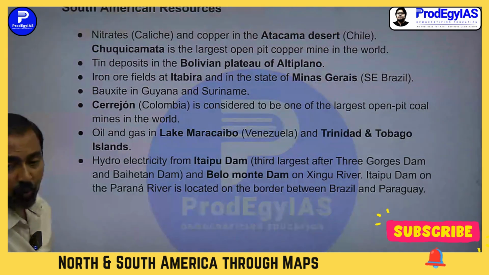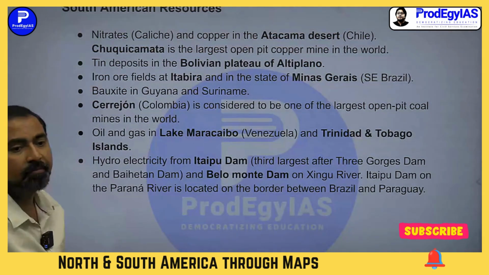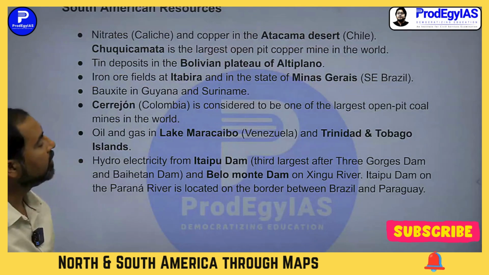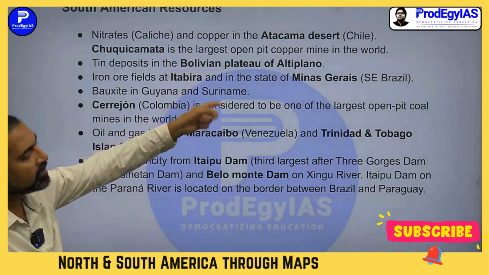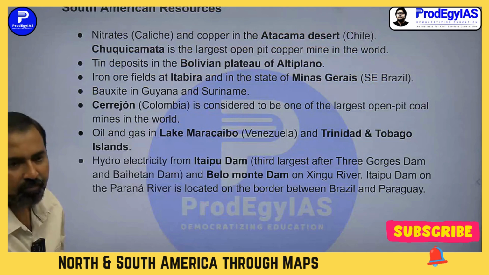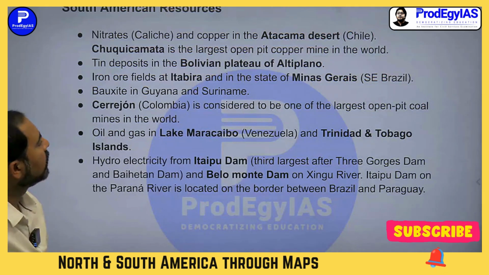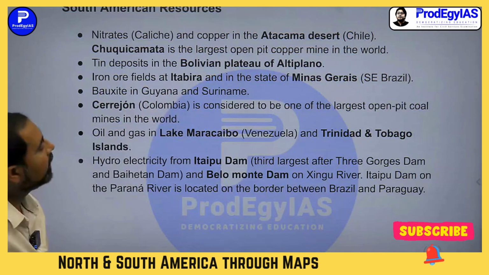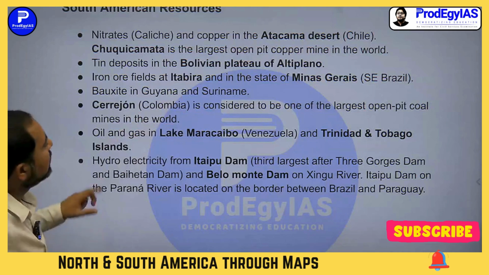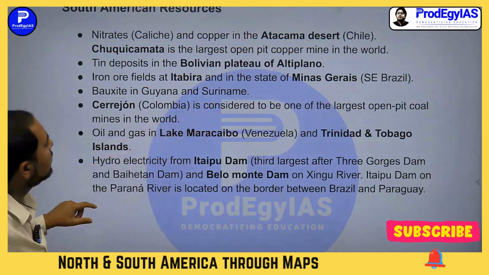Likewise, Brazil is known for its iron ore reserves, and in the field of Itabira and in the state of Minas Gerais. These two are important for iron ore resources, okay. Itabira and Minas Gerais, this is the state name of Brazil.